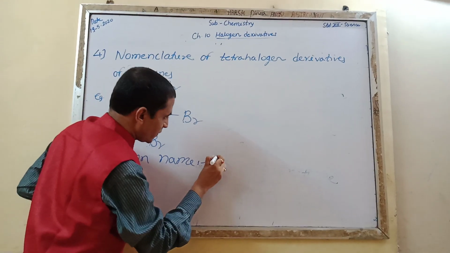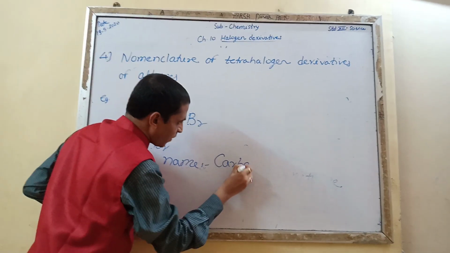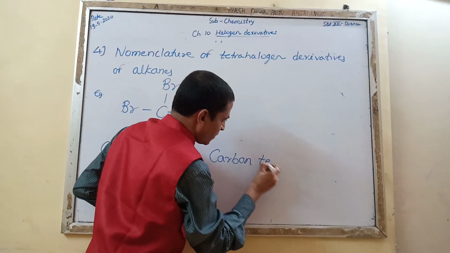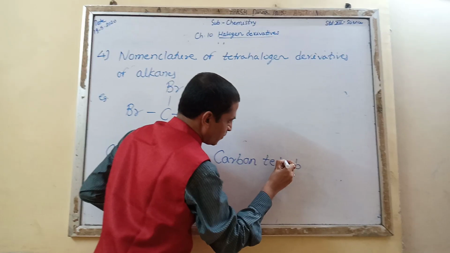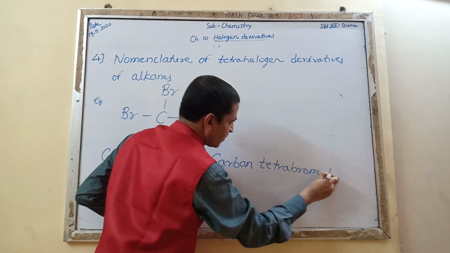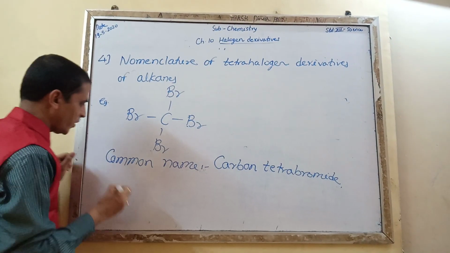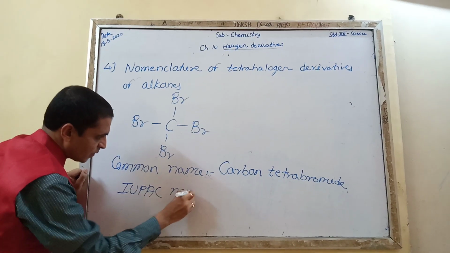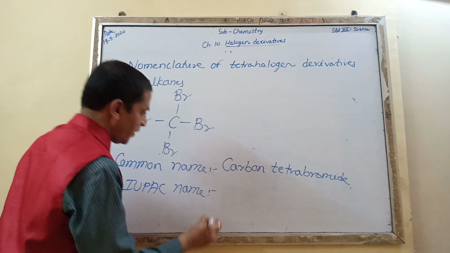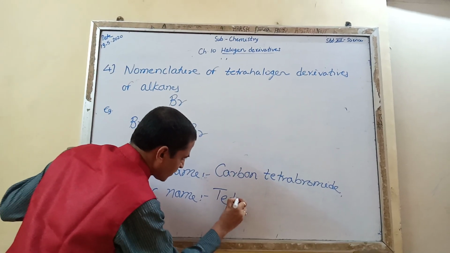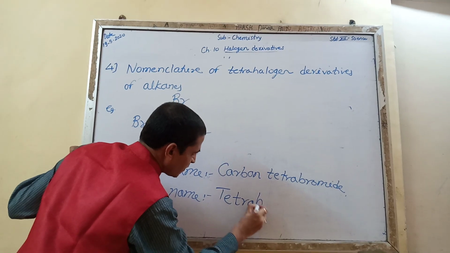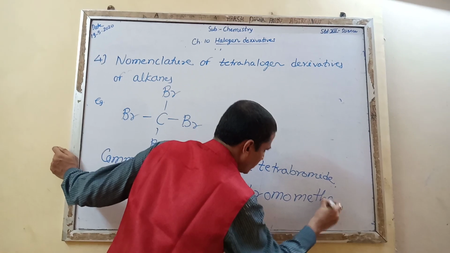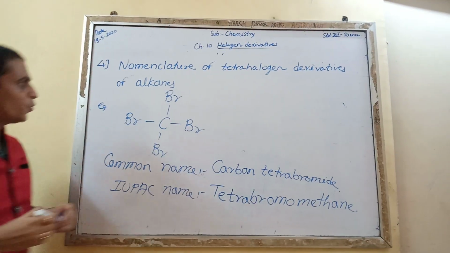It is written as carbon tetrabromide, and the IUPAC name can be written as tetrabromomethane.